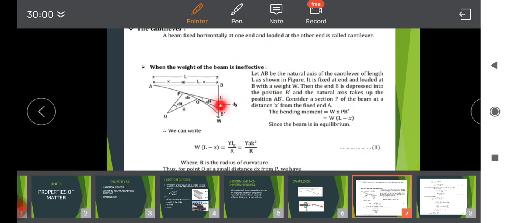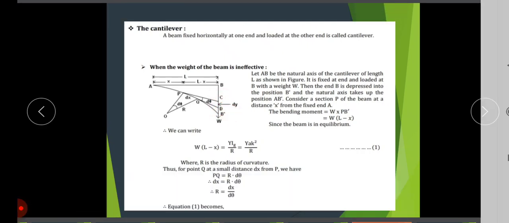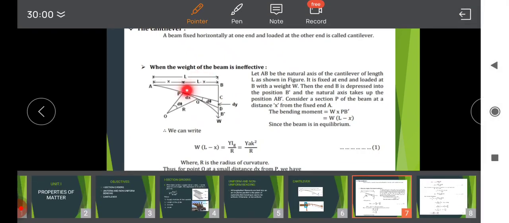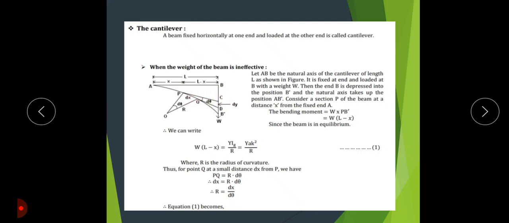Here dy, that is CD, corresponds to the arc CD, for which L minus x is taken as the radius of curvature. The angle made by this arc CD is dθ. So the smaller depression dy is equal to (L minus x) into dθ.